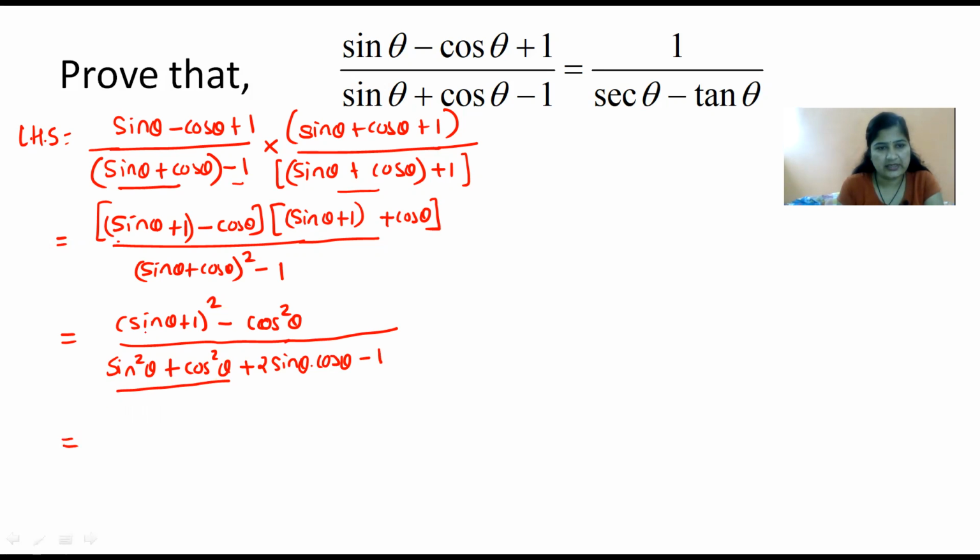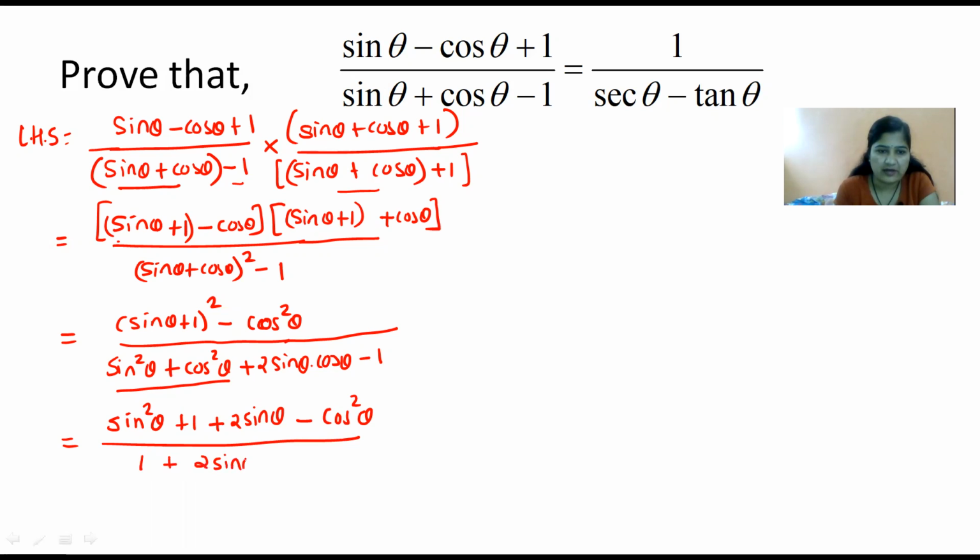So use this identity. Now here, (sin theta plus 1) square, let's simplify it. So this is sin square theta plus 1 plus 2 sin theta, minus cos square theta, upon sin square theta plus cos square theta is 1, and this is 2 sin theta cos theta as it is, minus 1. Now this one and this one will get cancelled.